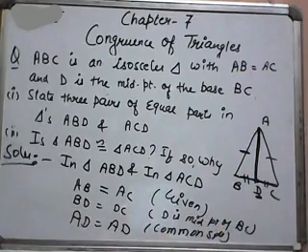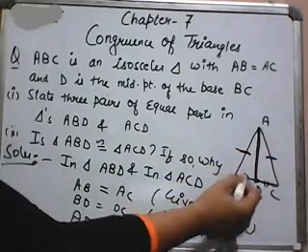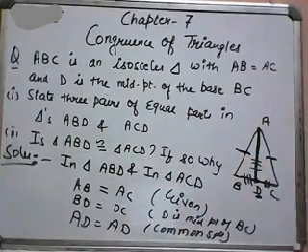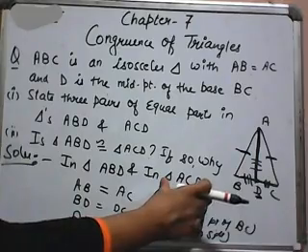Now, we check: AB side is equal to AC, BD side is equal to DC, and AD side is equal to AD. Three sides of one triangle are equal to the corresponding three sides of another triangle. So, we can say these two triangles are congruent.